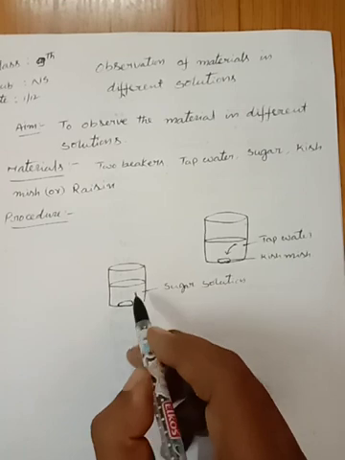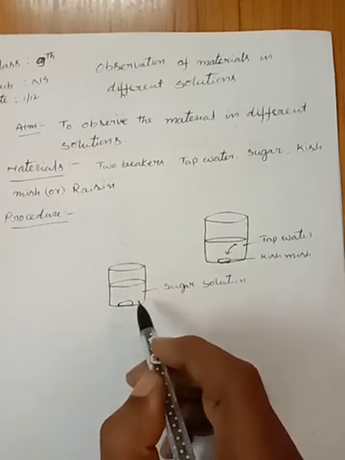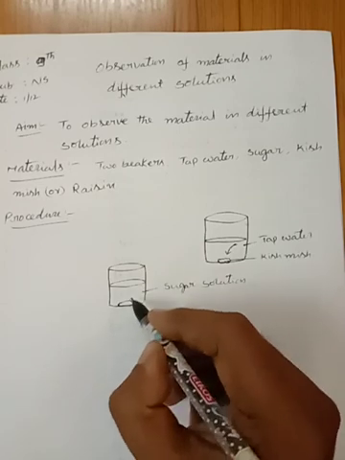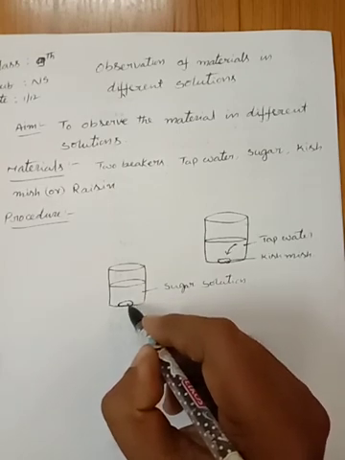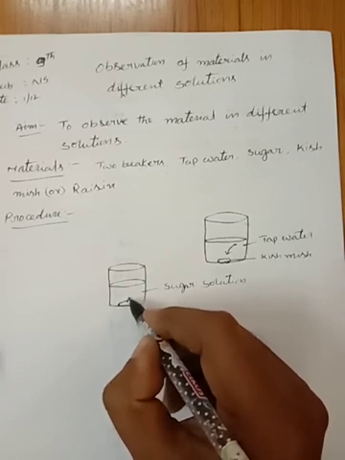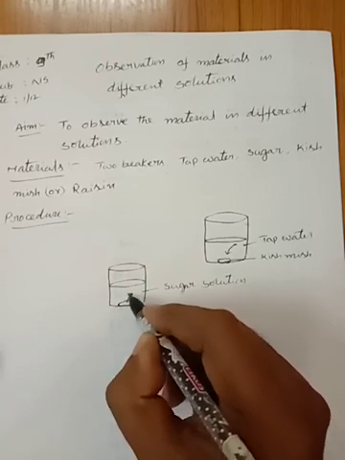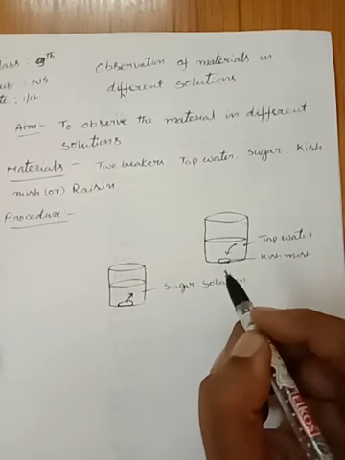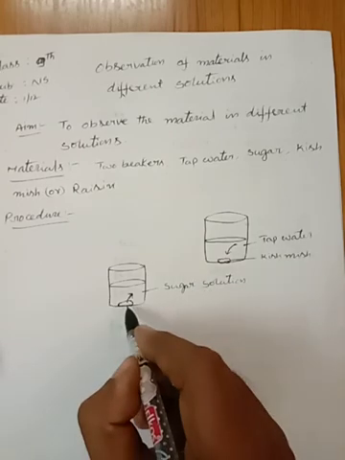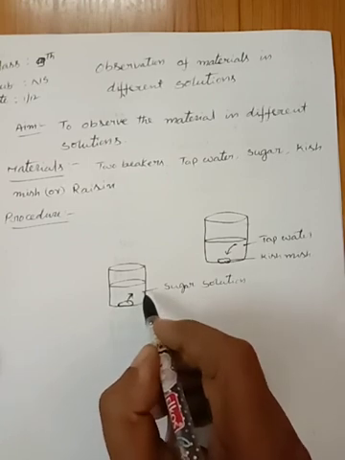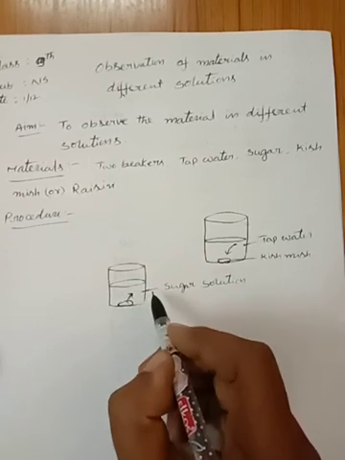Leave it overnight and observe in the next morning. What will happen? The fresh grape will wilt because the water present in the grape comes out into the sugar solution. Because in the fresh grape, the concentration of water is high, and in the sugar solution, the concentration of solute is very high.